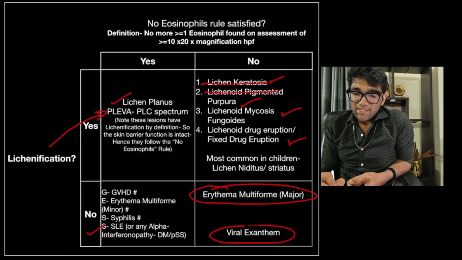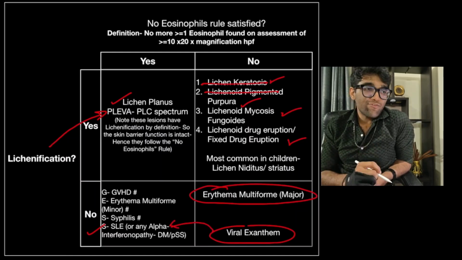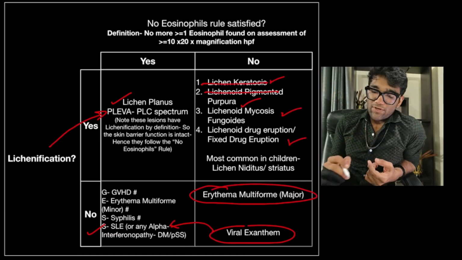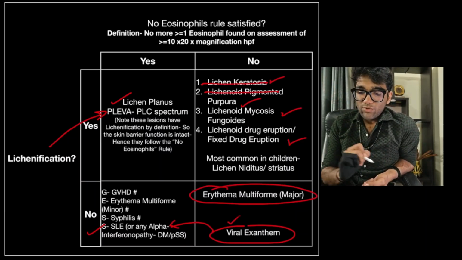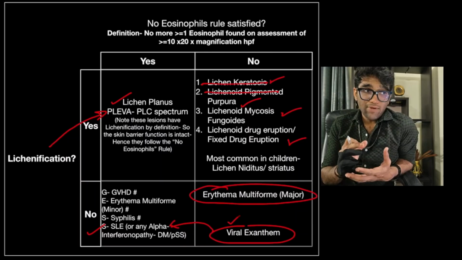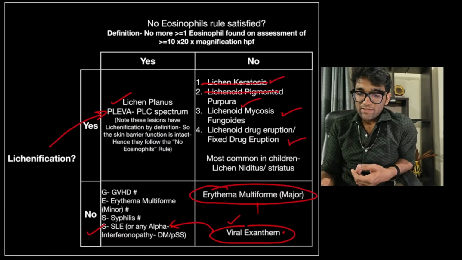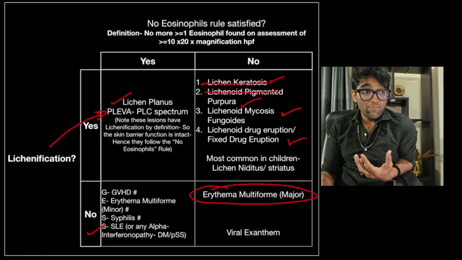Now see, a viral exanthem is also a type 1 interferon response of the skin. Please remember, a type 1 interferon response of the skin when very acute or florid, as would happen with an infection, can break the no-eosinophils rule. That is why it is under this category. Similarly erythema multiforme when very severe.